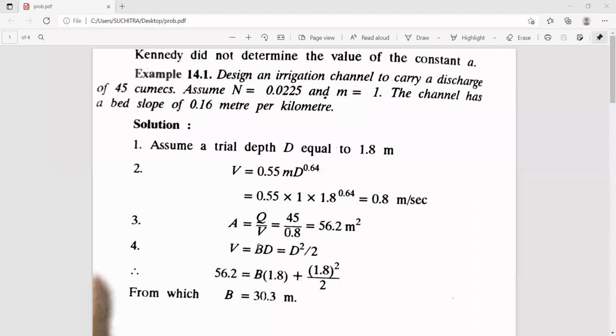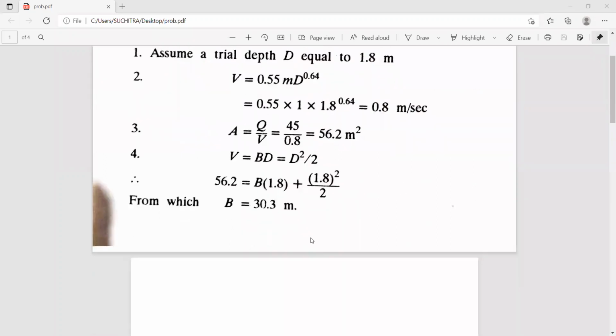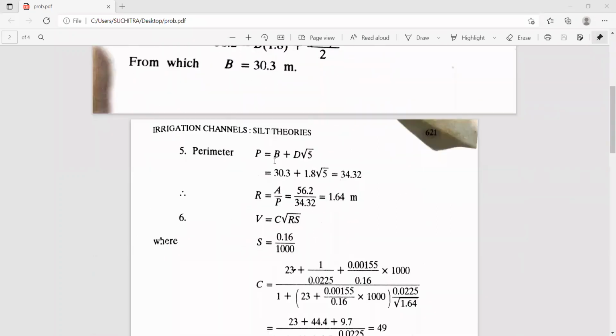So thereby you will get the value of the bed width of the channel required. Then once you know the bed width, calculate the perimeter of the canal. Once you get the perimeter, calculate the hydraulic mean depth. Then once you find the hydraulic mean depth, use Manning's equation to find this constant, that is C, which is given by the Kutter's equation.